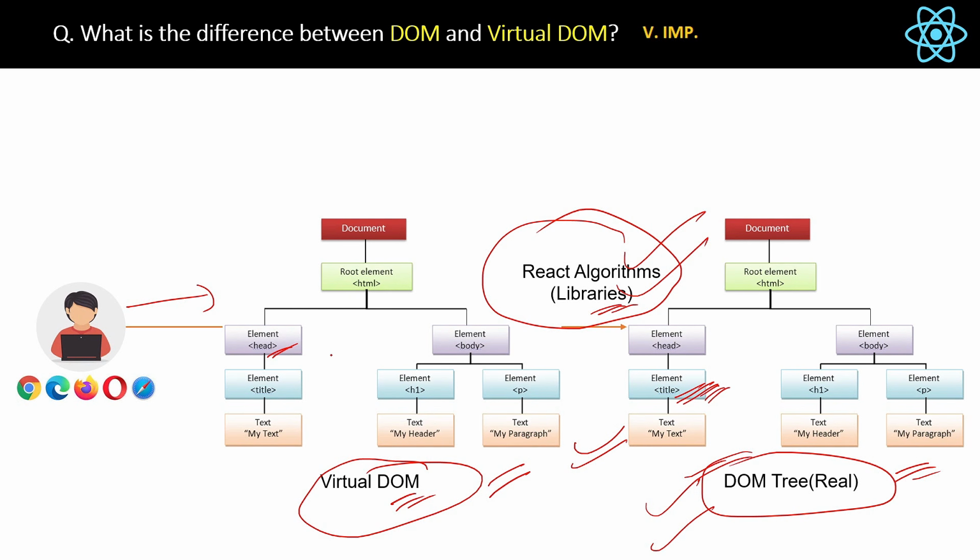It is faster because suppose you update the title text in the virtual DOM, then only and only the title tag is rendered, not the whole virtual DOM. Similarly, the React algorithm will only update the specific tag in the real DOM also, without rendering the whole layout and web page.